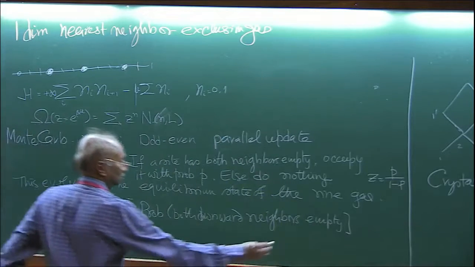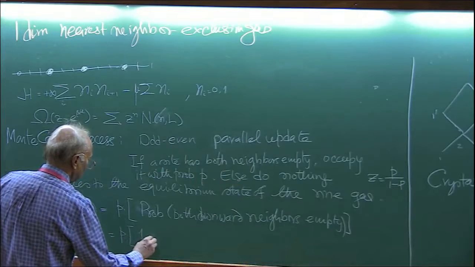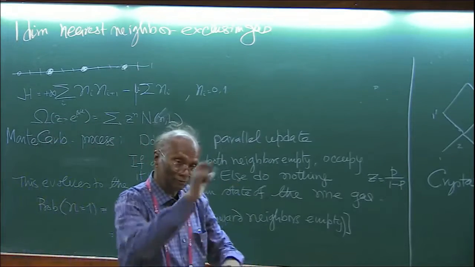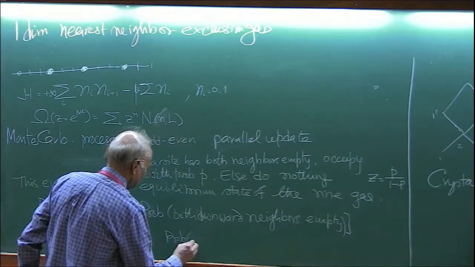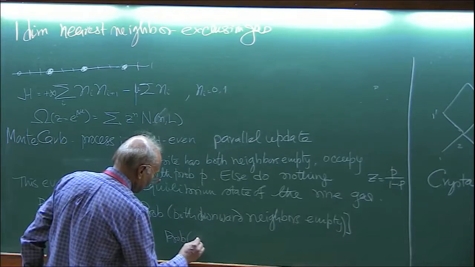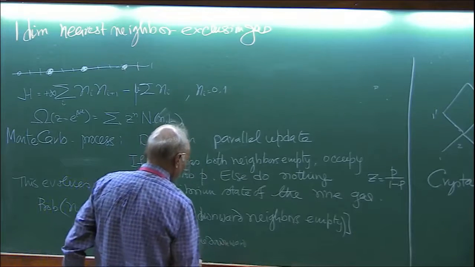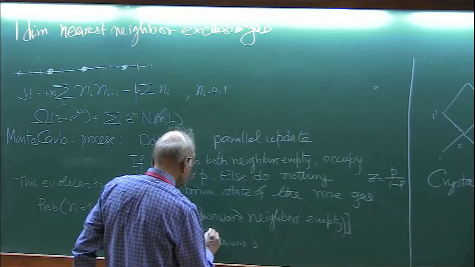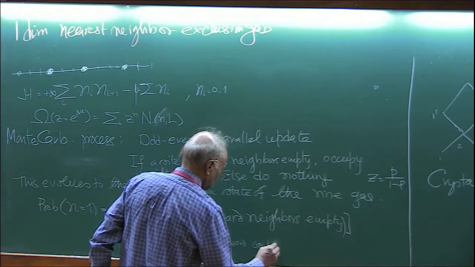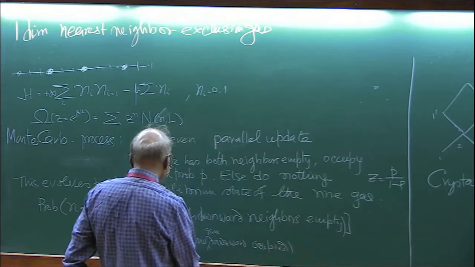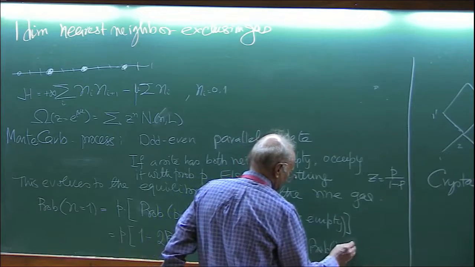And this is equal to P times, by inclusion exclusion, 1 minus the probability that this one was occupied or this one was occupied. So the probability that one downward neighbor is occupied, and then there are two of them, but the probability both are occupied.